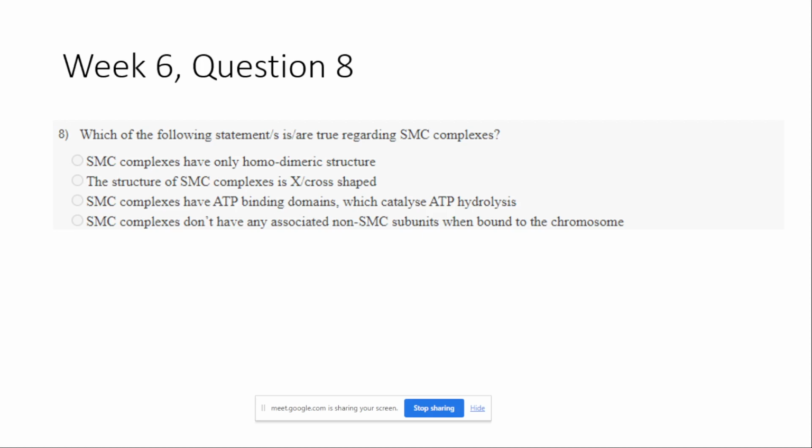It is right, because after folding they have a functional ATPase head domain. As we know, an ATPase domain has an ATP binding region and it can catalyze the ATP hydrolysis reaction. So this option is the right one, the third option. Any doubt? Please ask me.